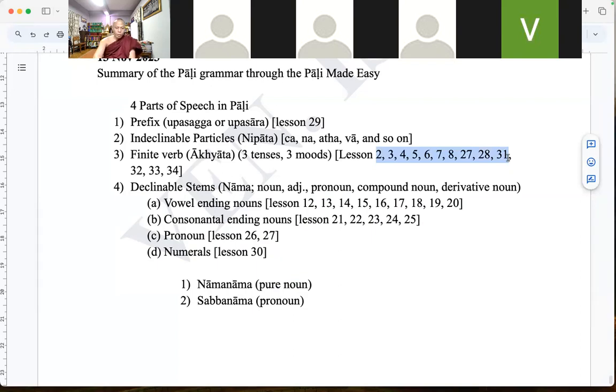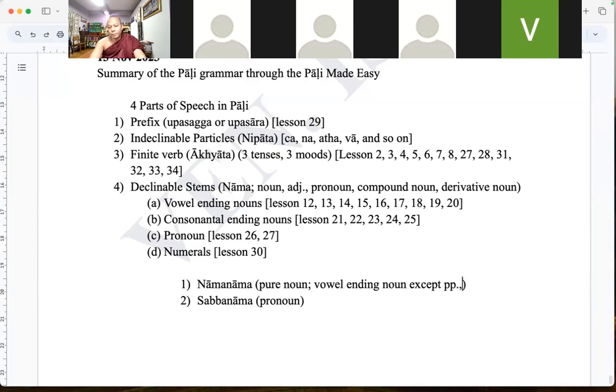Okay. So those pure nouns are, one is those ending in the vowel. Vowel ending nouns. Except past participle.